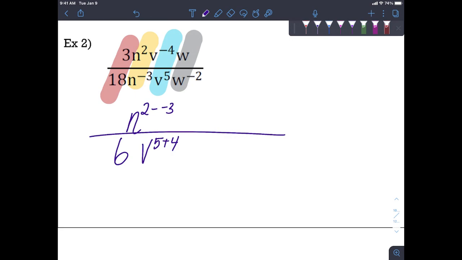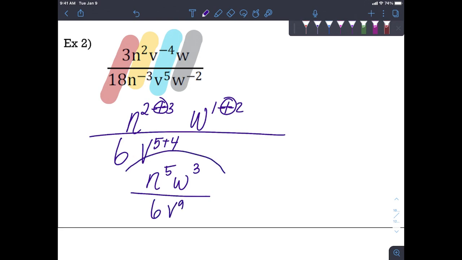So if I move them, they're going to change signs. Now I'm going to get rid of those double negatives. And I'm going to keep on simplifying. There's my final answer. Let's go ahead and check it in the calculator.